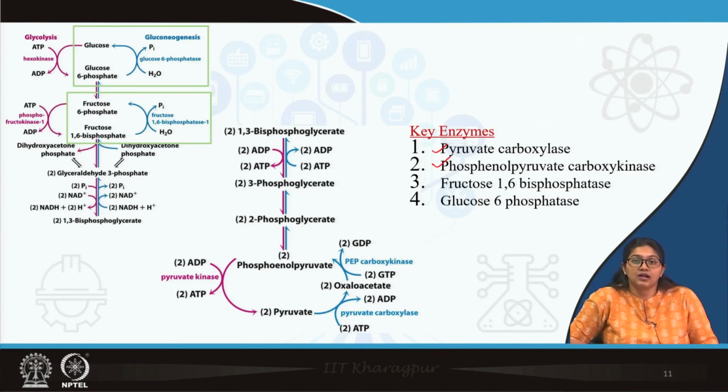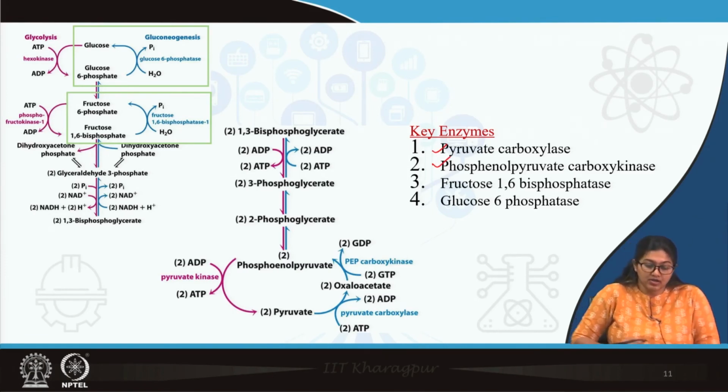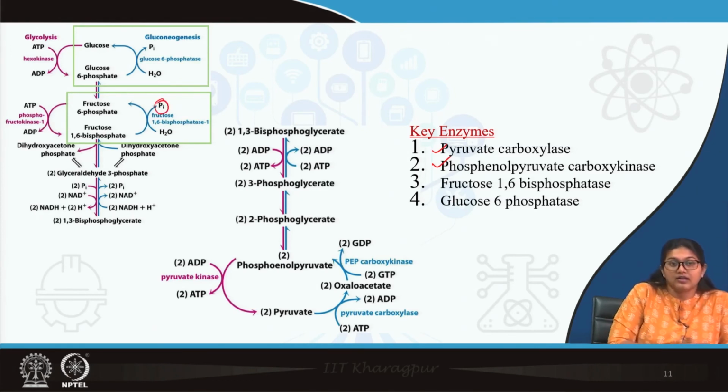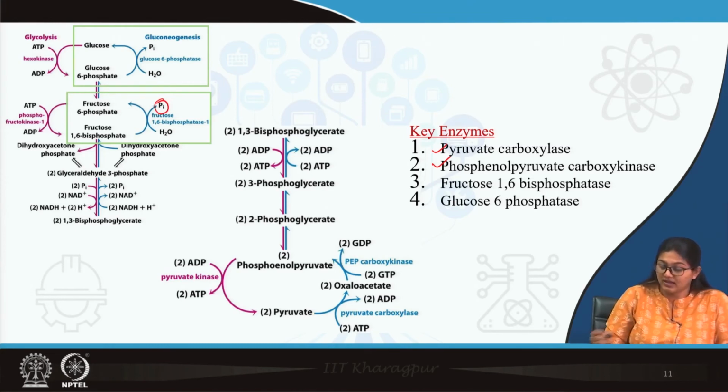Now, for formation of fructose 6-phosphate from fructose 1,6-bisphosphate, there is hydrolysis of one high energy bond and inorganic phosphate is released in the system.